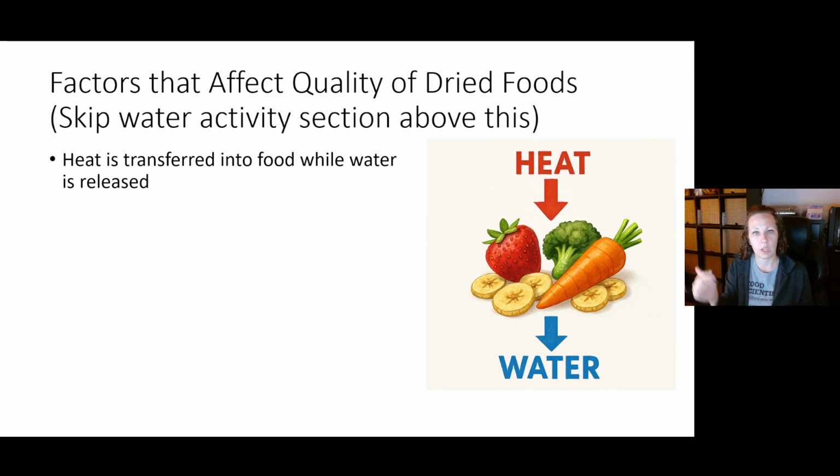And so these 2 things are happening at the same time. And the heat causing water to come out is good, but we also know that heat can damage foods in multiple ways. And so we have to make sure that we balance the speed at which we are dehydrating the food, the higher the heat, the faster that speed is going to be, versus the damage that can occur with high heat.